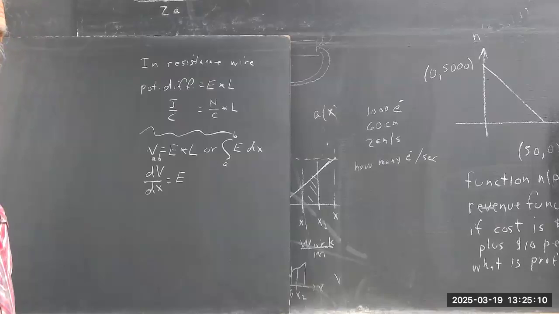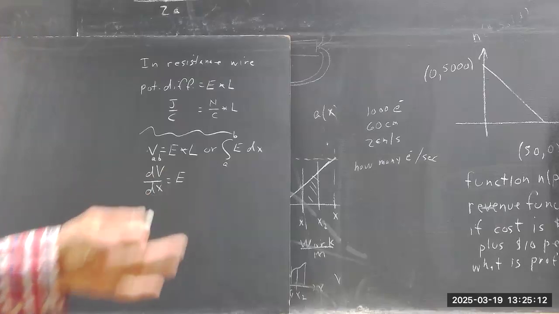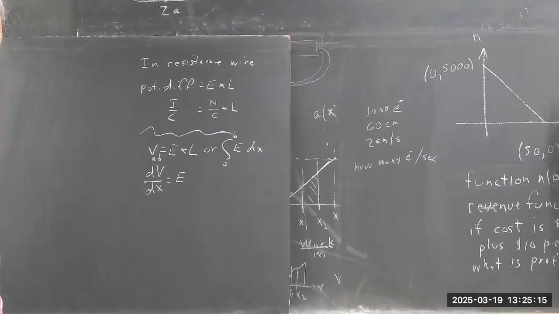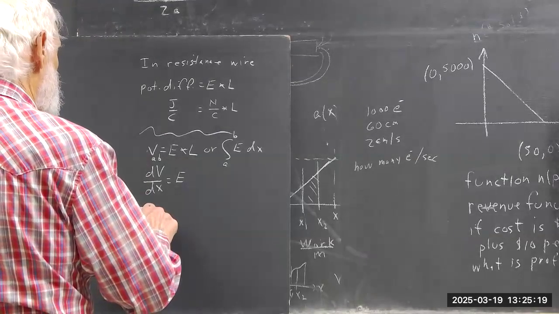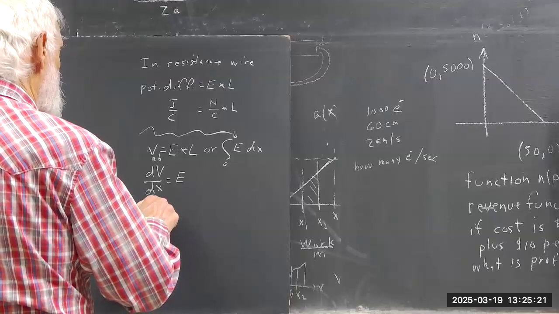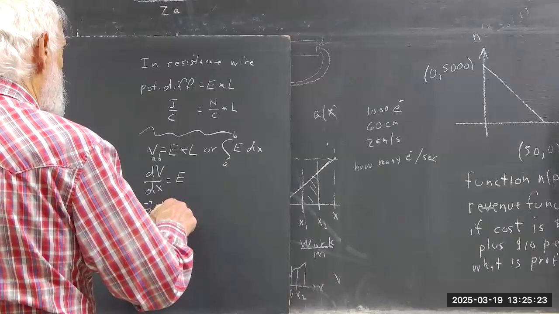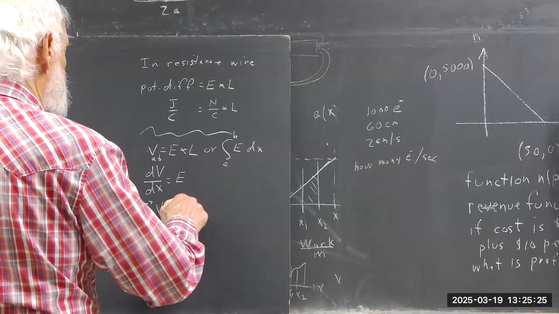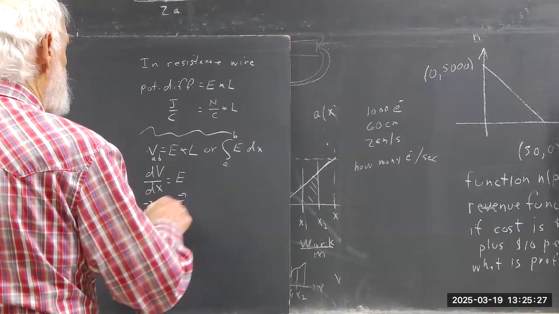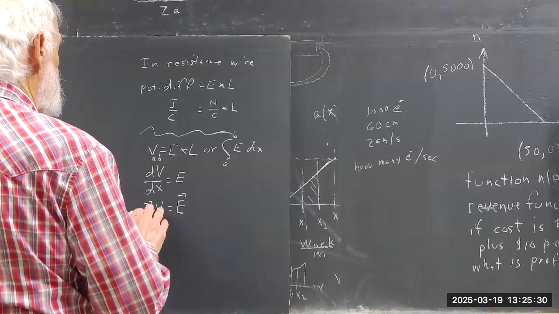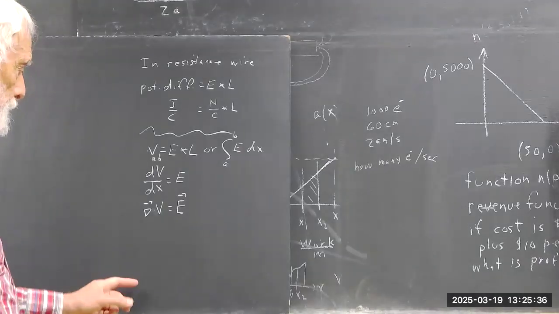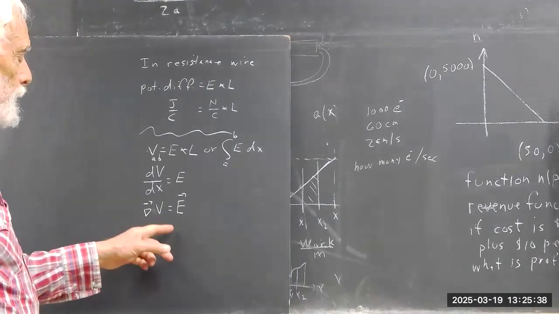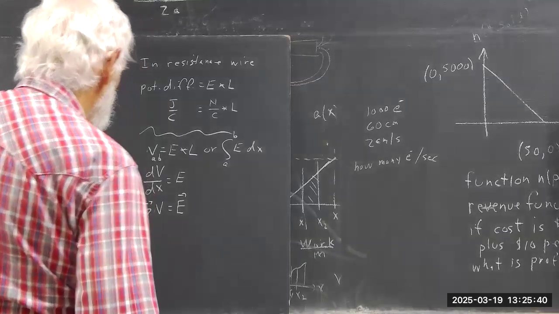It's the rate at which your potential changes with respect to position. Or, del V equals E. What's del V?